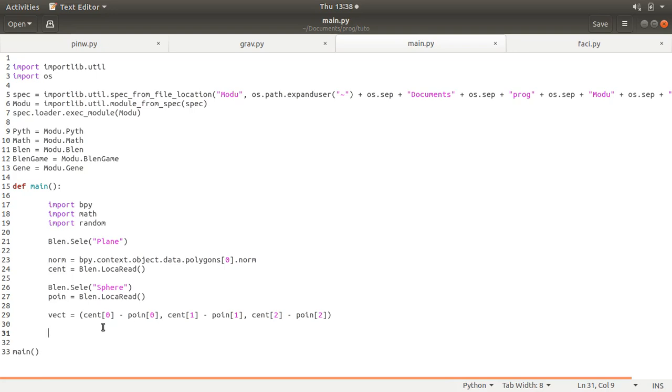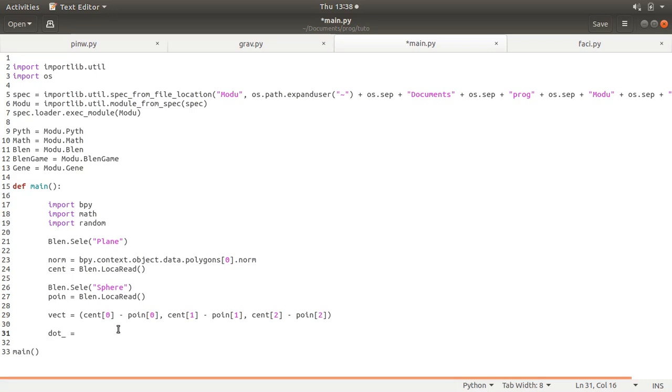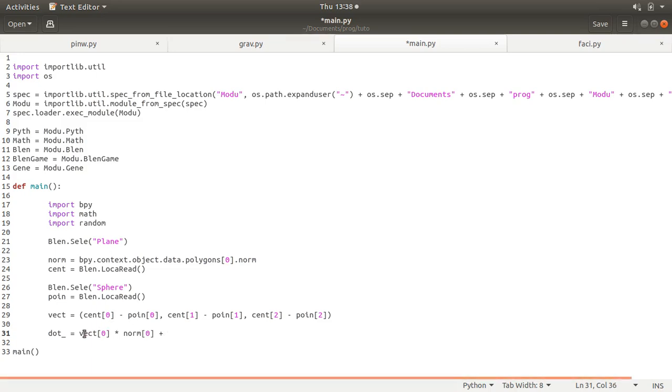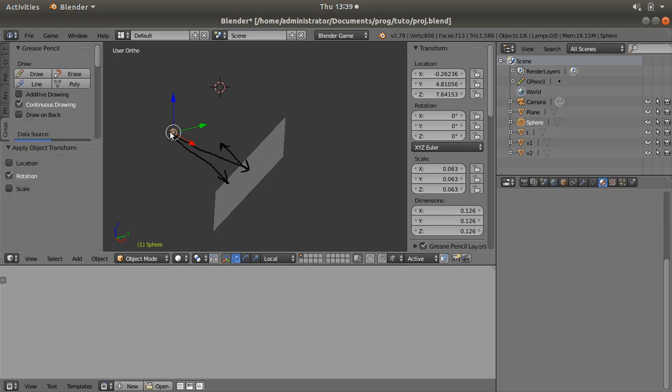Then I'll use the projection formula. So dot is equal to vec dot norm. And on my denominator, I'm projecting v onto n.